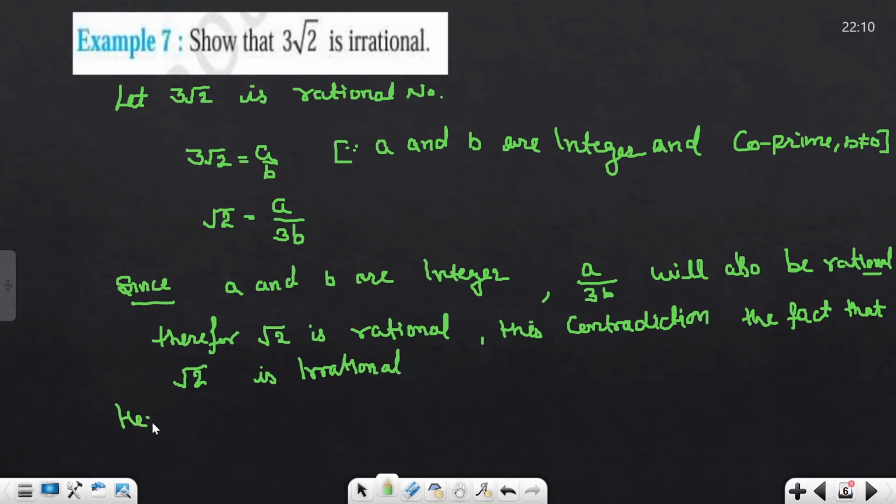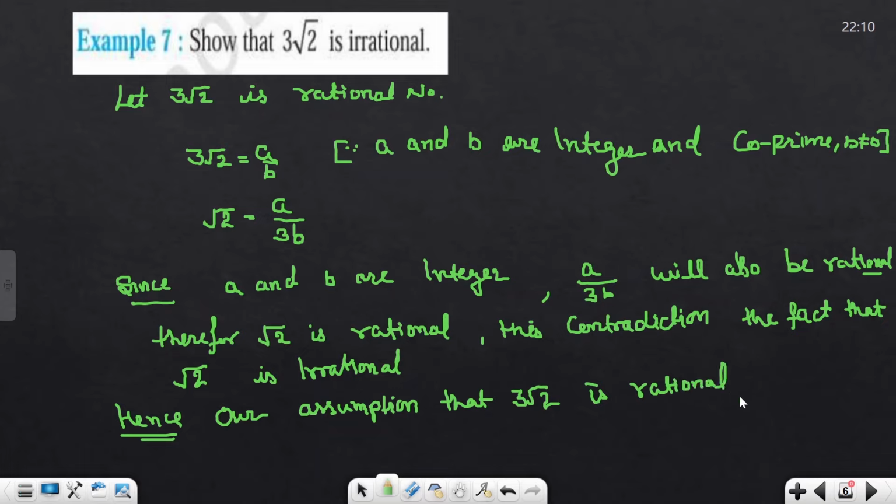Hence our assumption that 3 root 2 is rational is false.